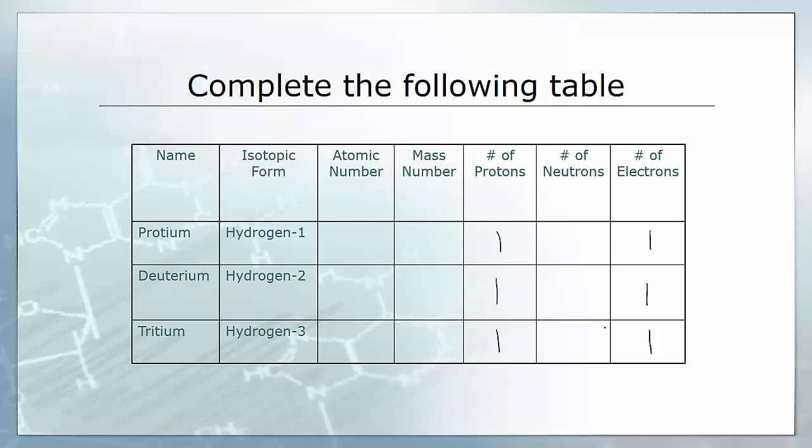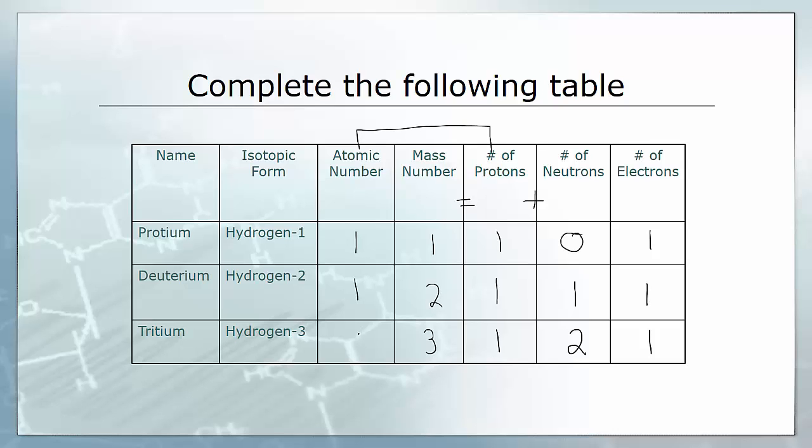Remember on the last screen we said that hydrogen 1 has no neutrons, hydrogen 2 has 1, and hydrogen 3 has 2. So our mass number, if we add these two columns up, is 1, 2, and 3. Our atomic number, remember, is the same as the number of protons we have.